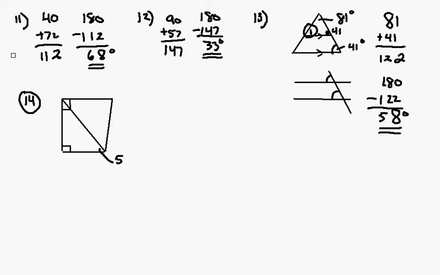If that's 50 degrees, then we know that this angle right here is going to be 40 degrees, because these two have to equal 90, because that's 90, and those three have to equal 180.